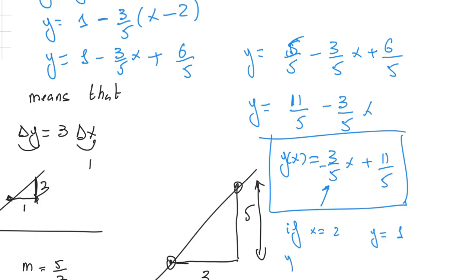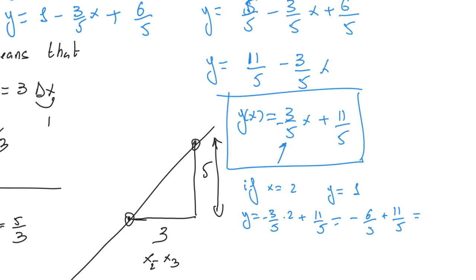If x equals 2, y will be minus 3/5 of 2 plus 11/5, or minus 6/5 plus 11/5, or 5/5, or 1. So y equals 1. If x equals 2, y equals 1, so this is the rectilinear line that passes through the point (2,1) and is perpendicular to the given line. Wow. Done the problem.